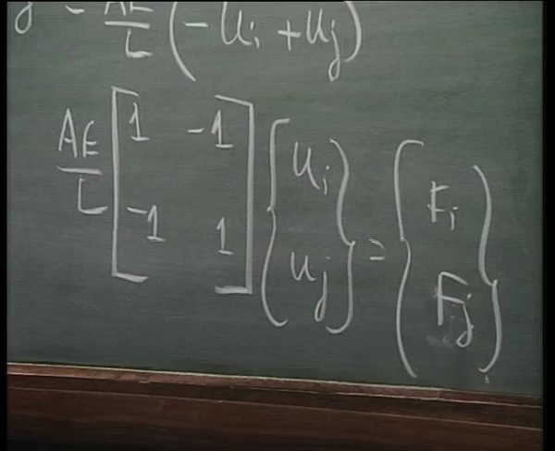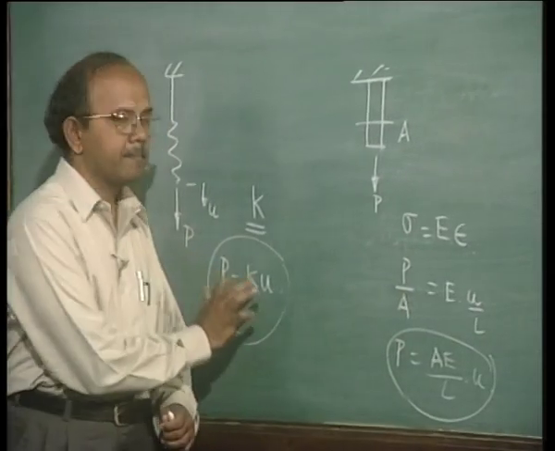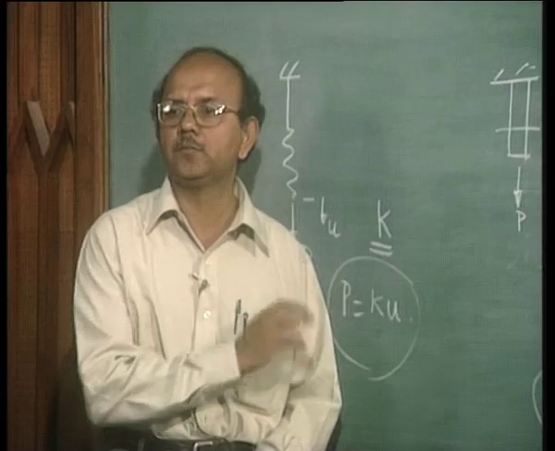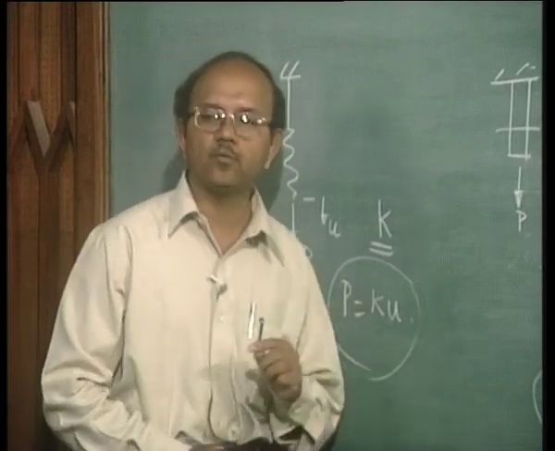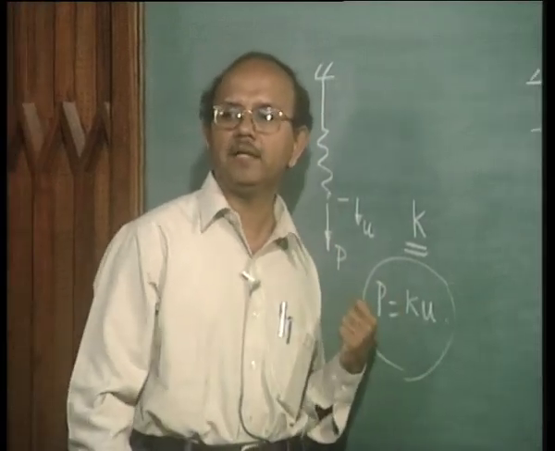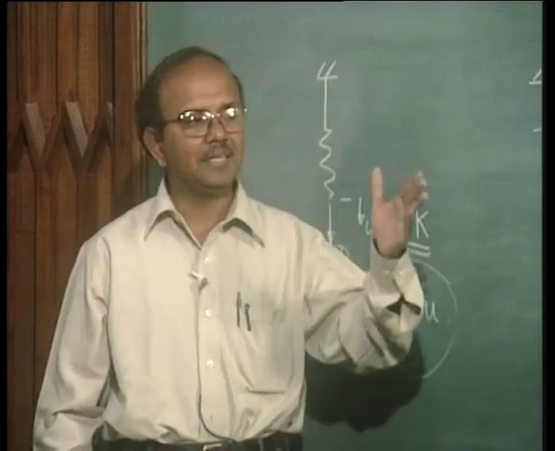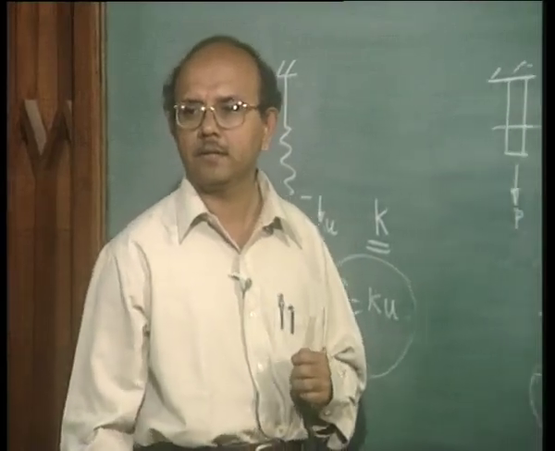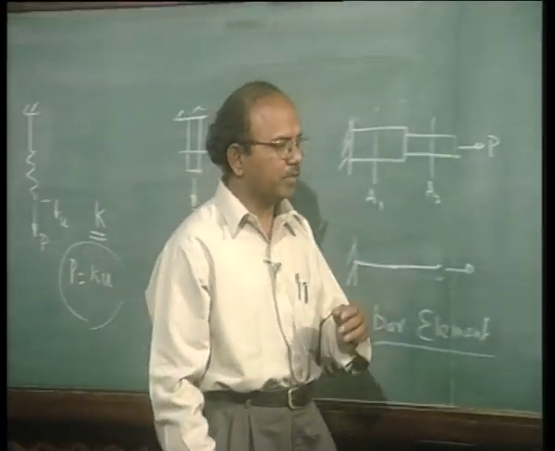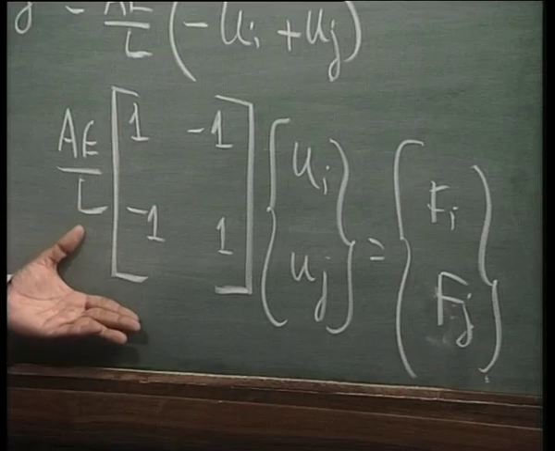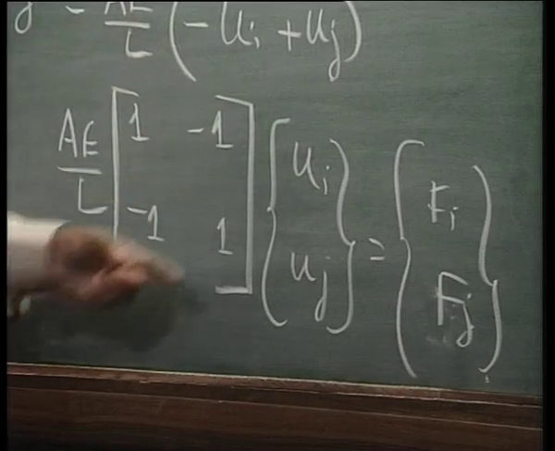Is that clear? Okay. Now, comparing that equation with my first equation here, where P is equal to Ku for a simple spring, where I called K the stiffness, similarly there is a relationship between force and displacement. I can call that matrix which I derived now the stiffness matrix. So, that is the stiffness matrix.